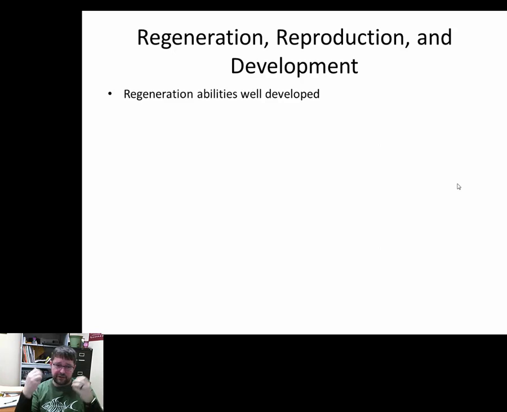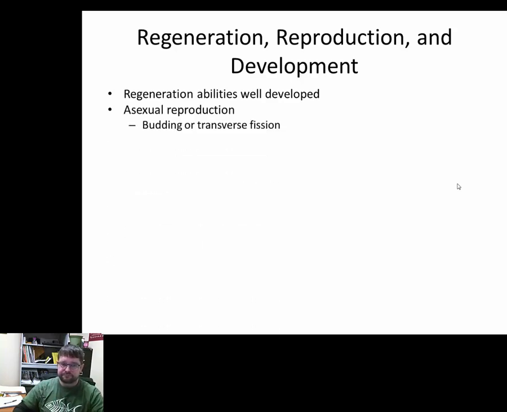Worms can regenerate, and polychaetes, that class, can also regenerate. We're going to talk about earthworms, not marine worms, in a little bit. So they have regeneration abilities.